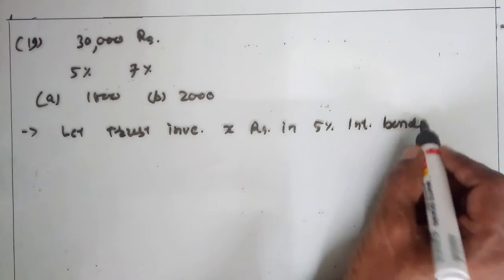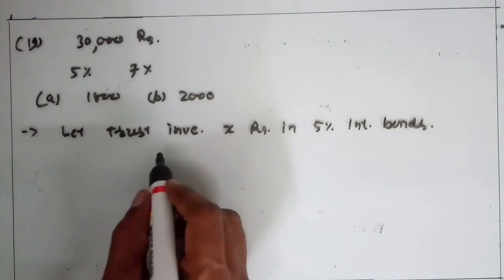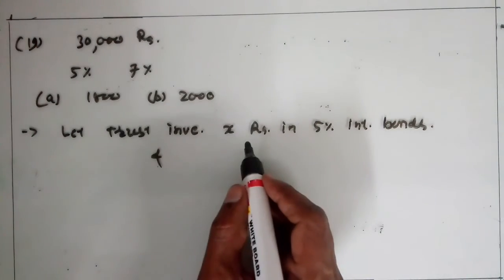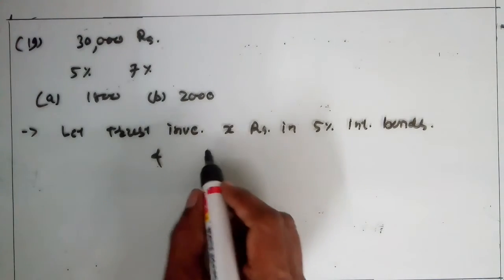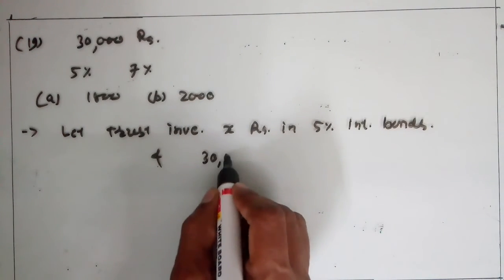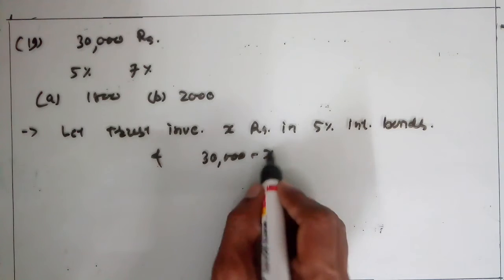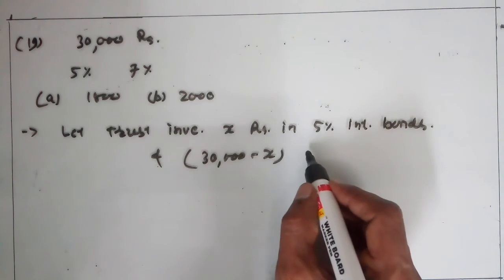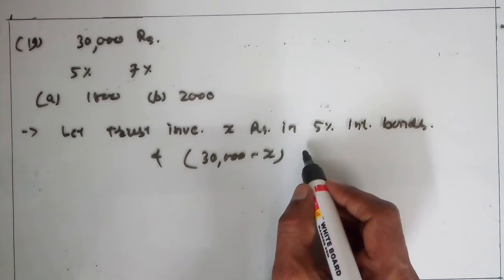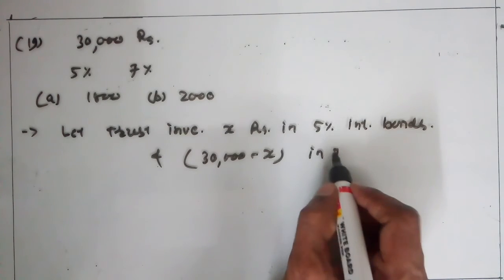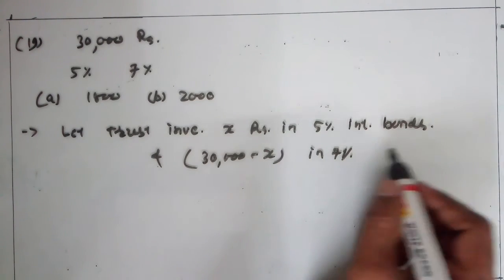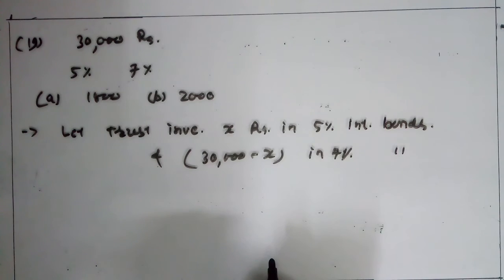Clear? And the remaining amount, that is 30,000 minus X, invest in 7% bonds. Clear this?